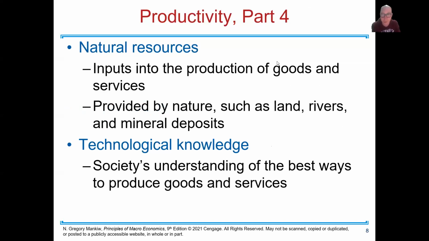The natural resources being used in productivity include things like land, rivers, mineral deposits, etc. It's the physical nature, the physical land. And of course, the technological advancements include things like how well we are developing goods and services aided by technology. So, a more current way of looking at this is the use of artificial intelligence and machine learning in the manufacturing process.